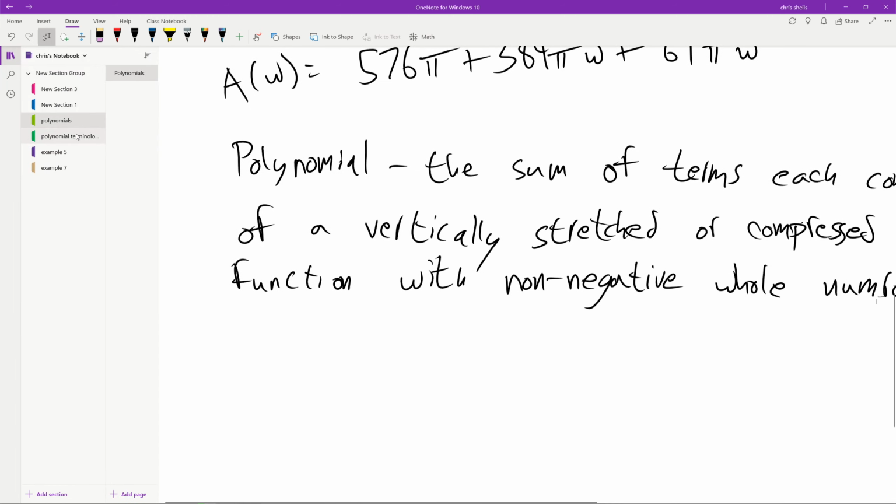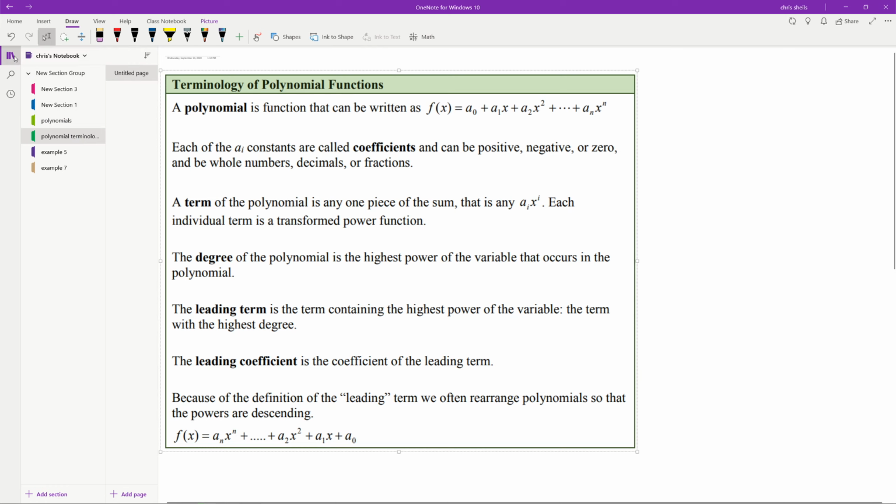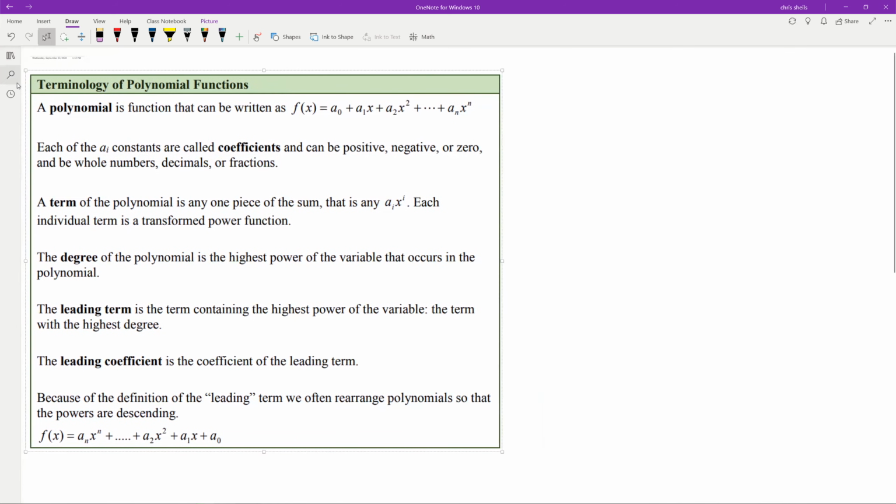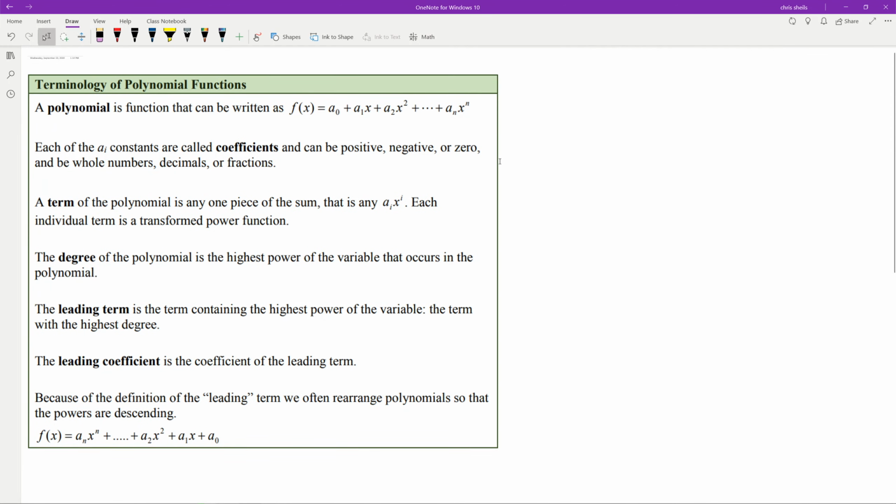So let's get some polynomial terms. Here's a little box that has some terminology of polynomial functions. A polynomial is a function that can be written as f of x equals a sub 0 plus a sub 1 x plus a sub 2 x squared plus dot dot dot plus a sub n x to the nth power.